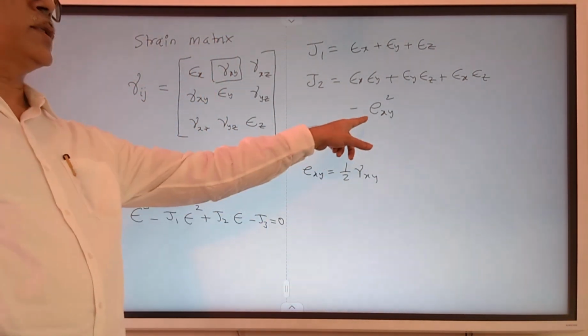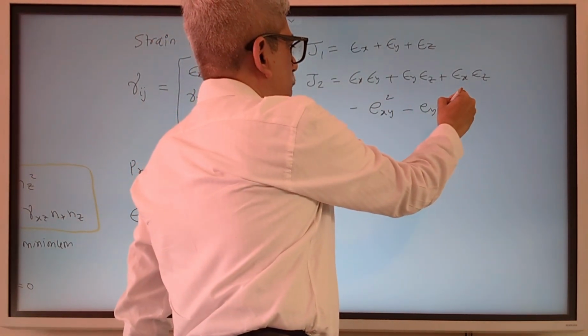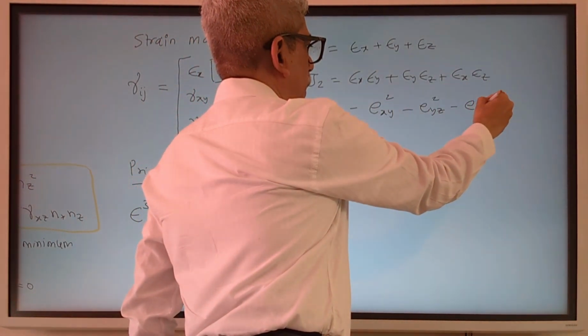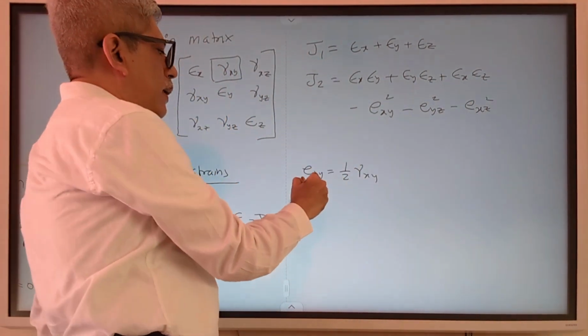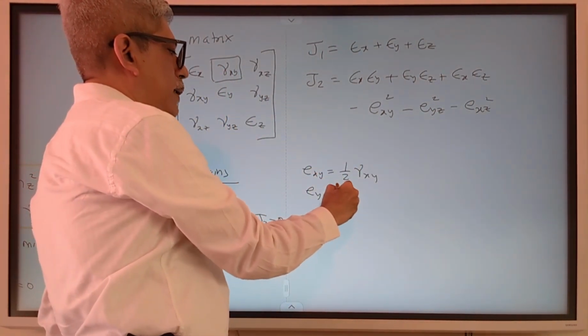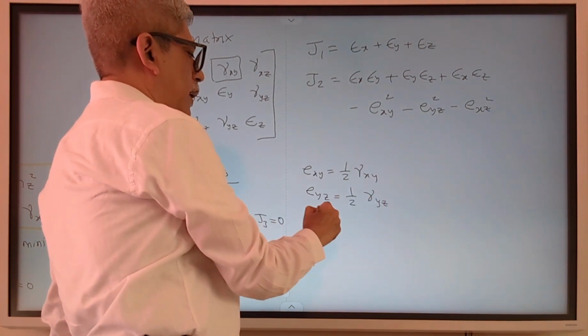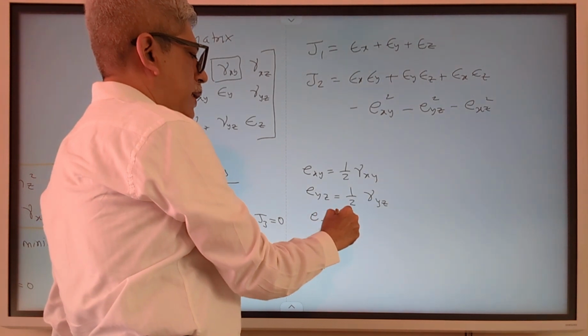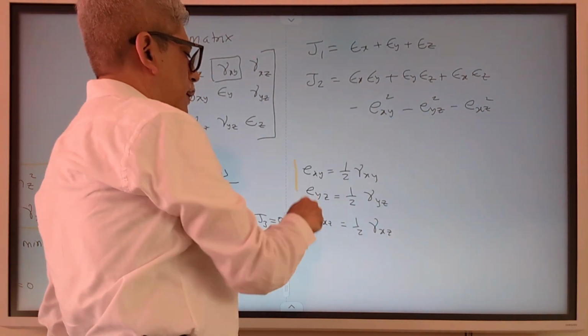So you have minus exy square minus eyz square minus exz square. Here exy is half gamma xy, eyz is half gamma yz, and exz is half gamma xz.